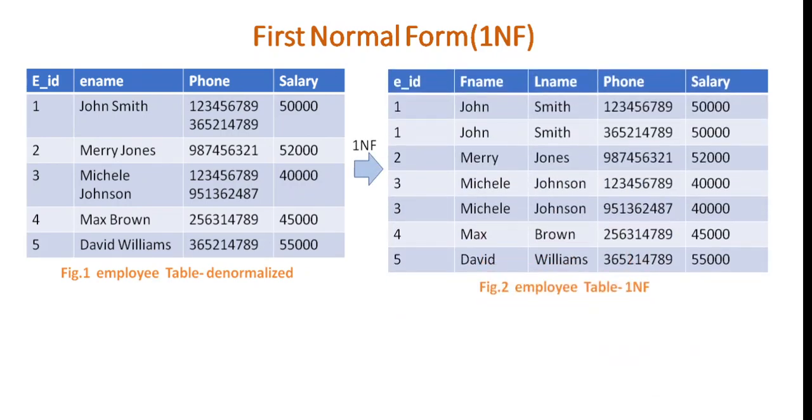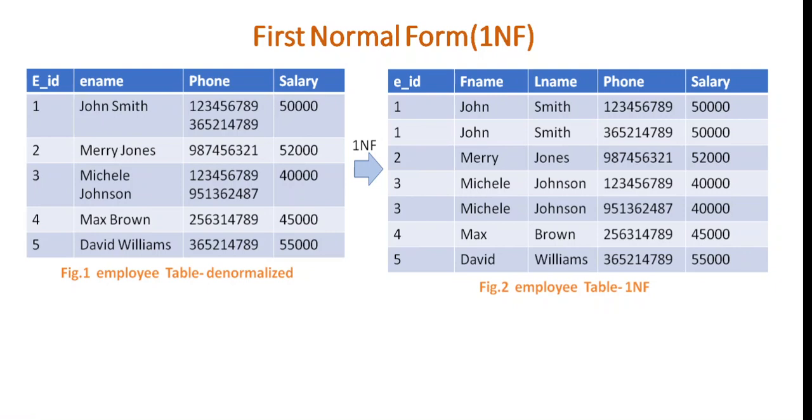At the right side you can see figure 2, which is the employee table, a normalized table converted into first normal form. While converting the given relation, for employee number 1 we have created 2 rows.